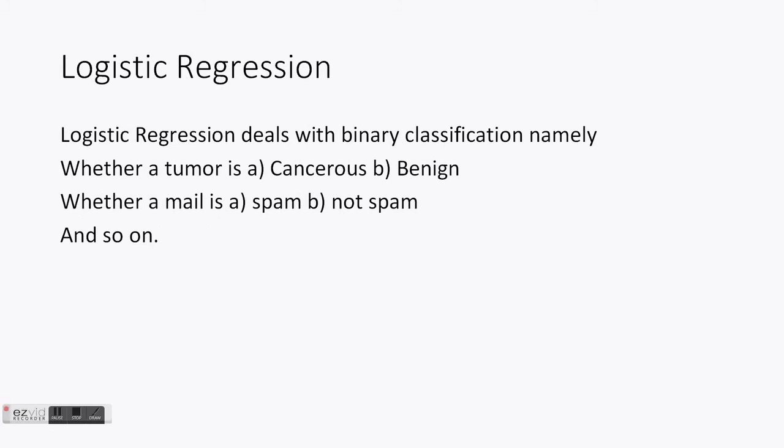One important class of regression algorithm is known as logistic regression, which is essentially used for binary classification. So, for example, you have data on a tumor, the size and shape and other aspects of the tumor, and you want to determine whether the tumor is cancerous or non-cancerous, that is benign, or you have got several mails, and you have the subject and the content, and you want to look at that and determine whether the mail is spam or not spam, and so on.